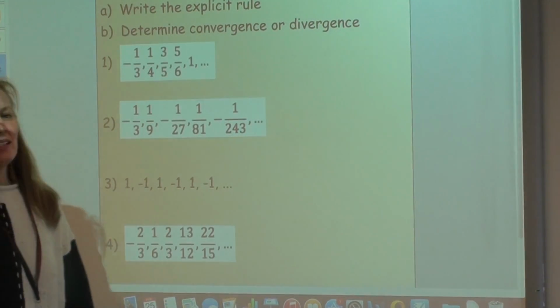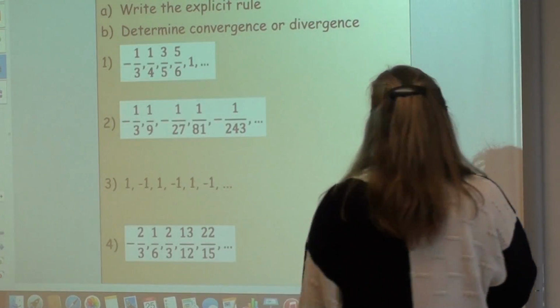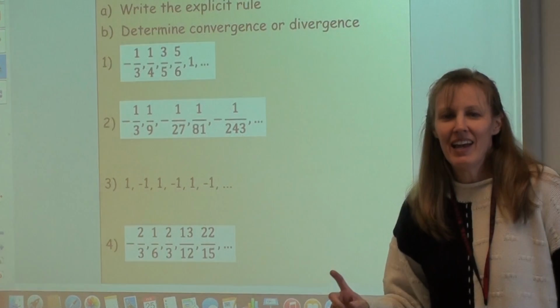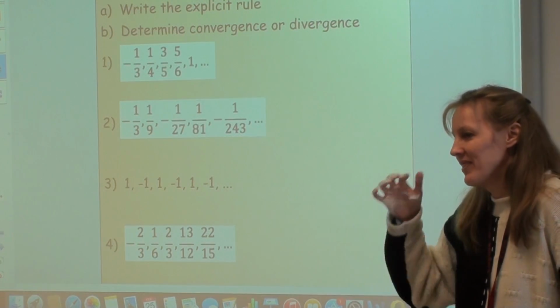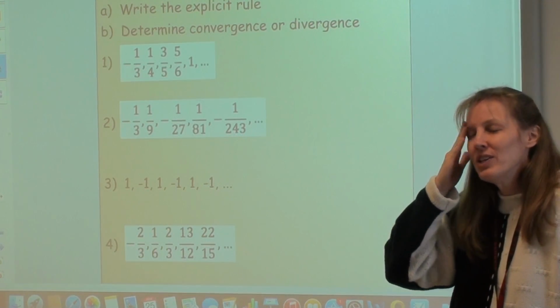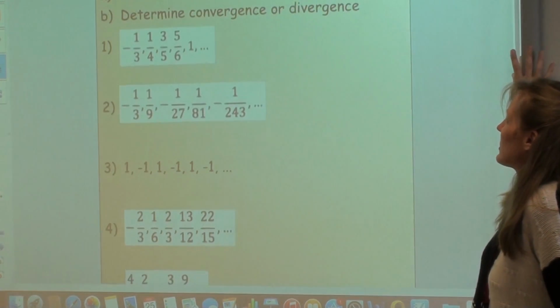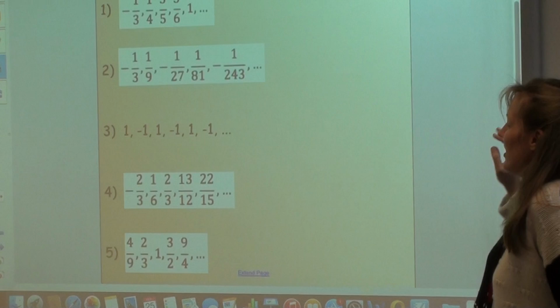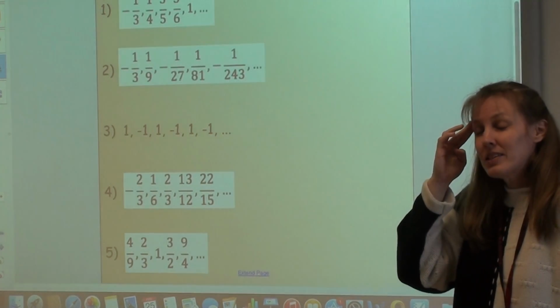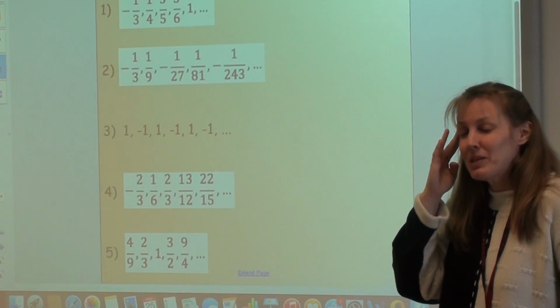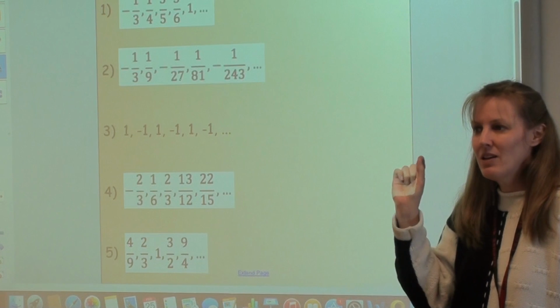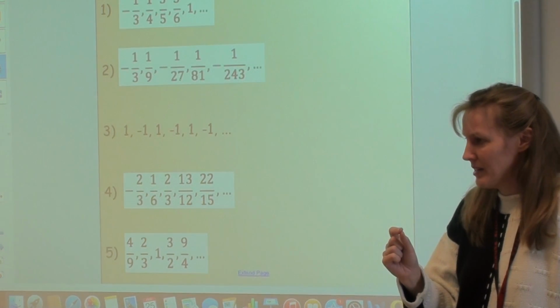Now, these are fun and challenging and all different. So when you are given a set of numbers and you have to find an explicit rule, sometimes it's easy and sometimes it's not so easy. I'm going to give you a few helpful hints, all right?